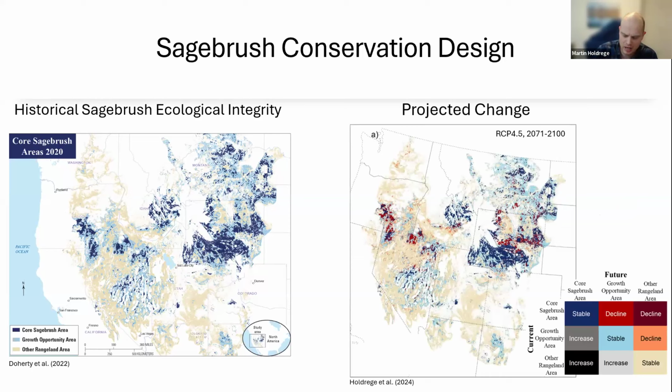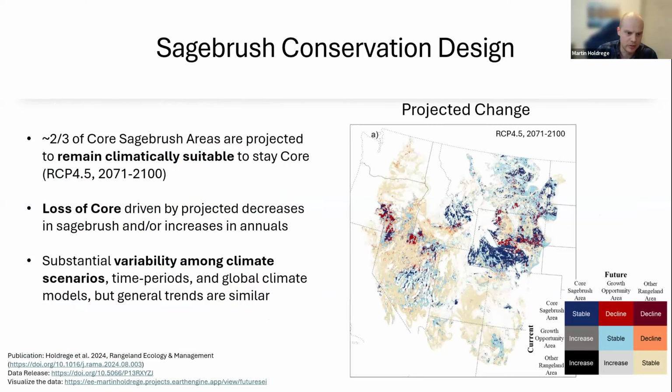So in reds, for example in the light red, you're seeing a place that's currently core sagebrush, but we're projecting a decline in the future due to declines in climate suitability. Broadly, what we found is that approximately 2/3 of areas that are currently core sagebrush, so the most intact, are likely to remain climatically suitable in the future under climate change.